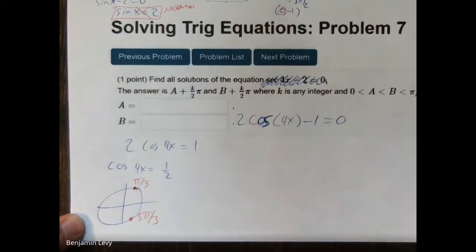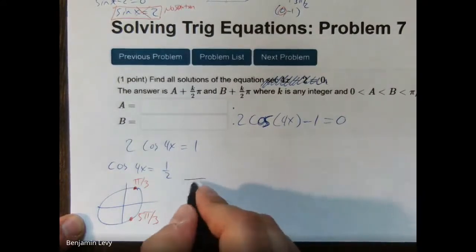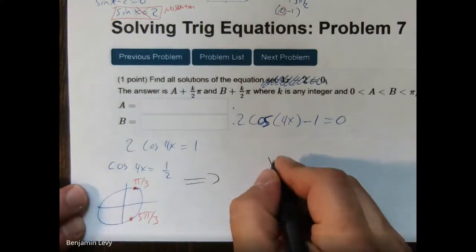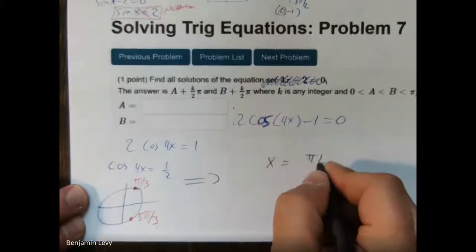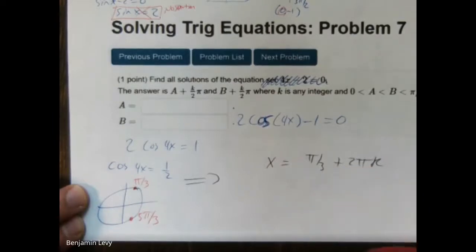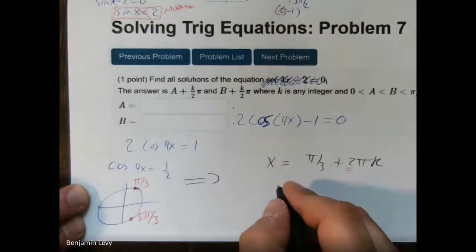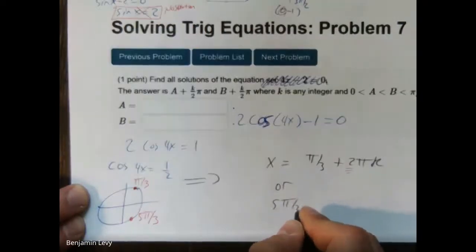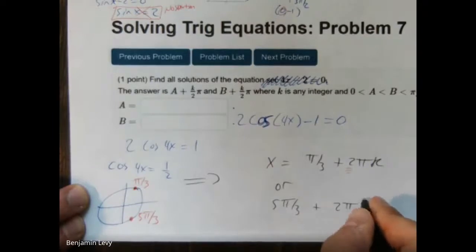Based on this information, we want x to be pi over 3 plus 2 pi k, right? So we have to include the 2 now because we're going all the way around the unit circle, or 5 pi over 3 plus 2 pi k.